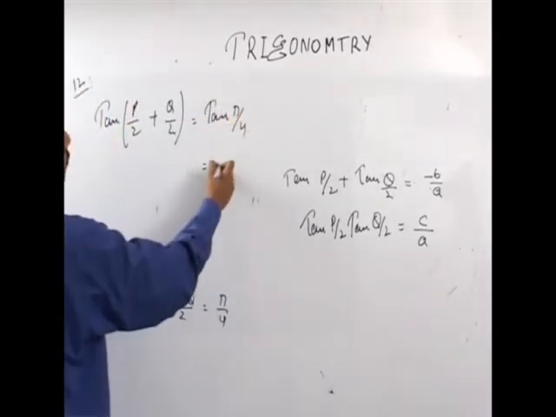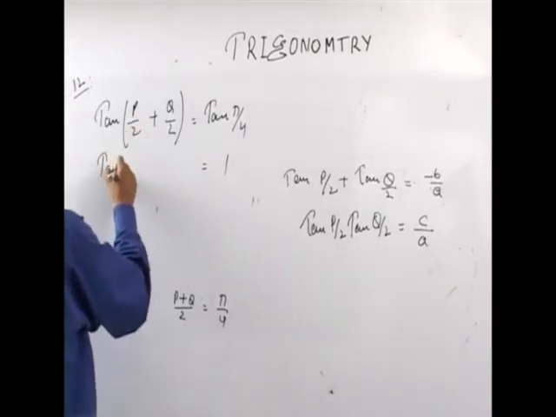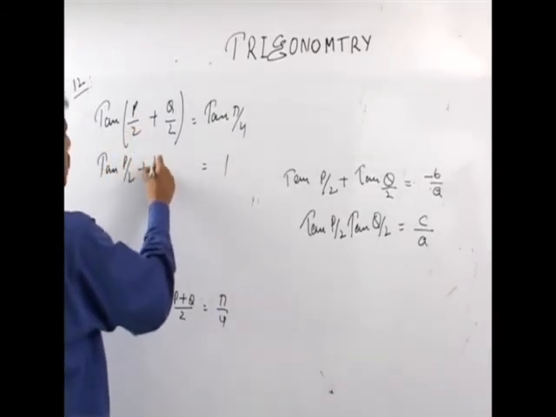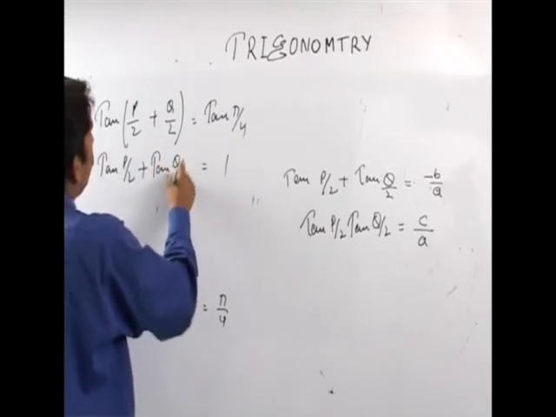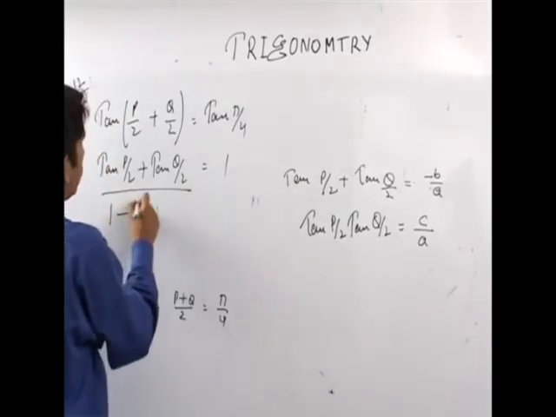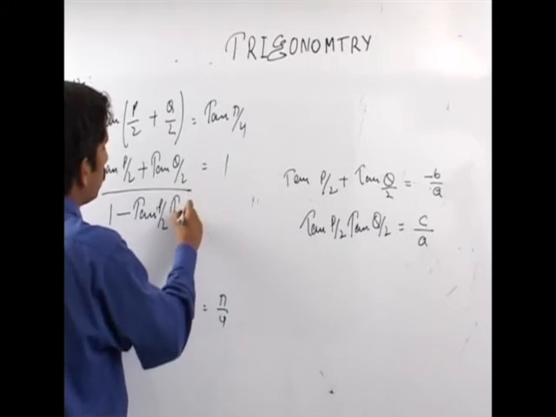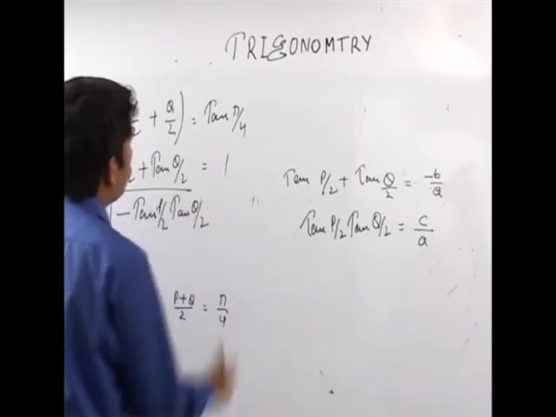Now tan pi by 4 is equal to 1. This will be equal to tan of P by 2 plus tan of Q by 2. Apply tan(A plus B), which is equal to (tan A plus tan B) over (1 minus tan A tan B). So you will get 1 minus tan of P by 2 tan of Q by 2.